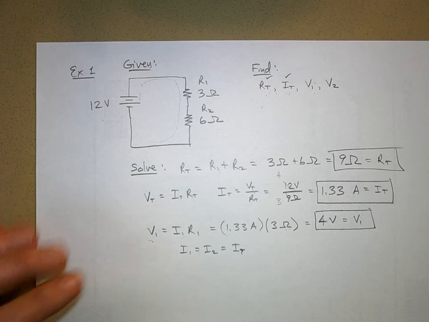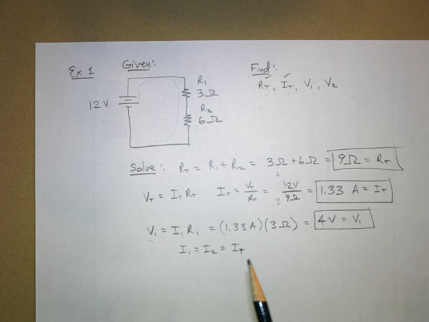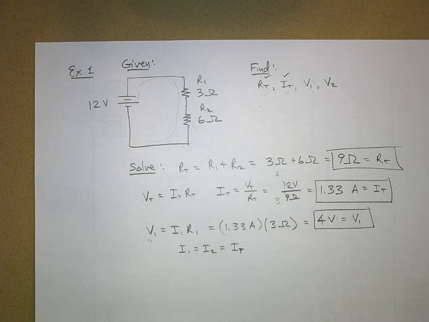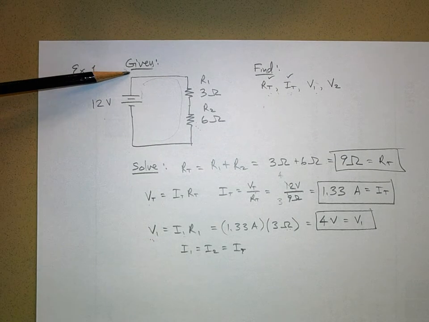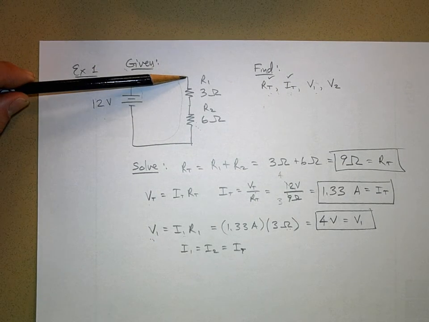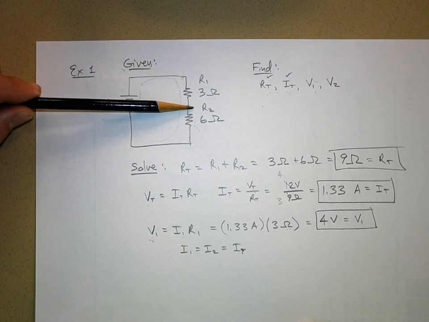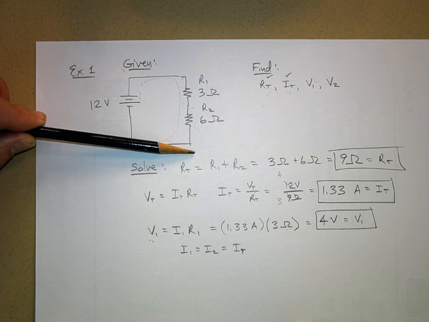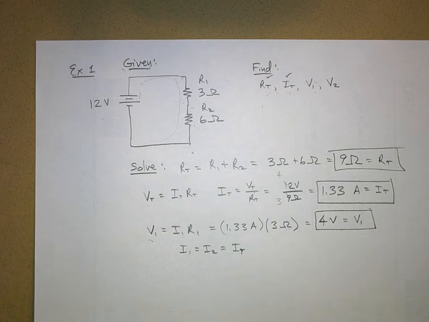Now, there's a couple ways of getting what V2 is. How can I figure out what the second voltage should be? Well, what have I got? I got a 12 volt increase, so what do I need? A total of 12 volts dropped. Well, what do I got here? I got 4 volts dropped, so what do I need from here to here? 8 volts. So V2 should be 8 volts. Well, let's check. We can still do Ohm's law.